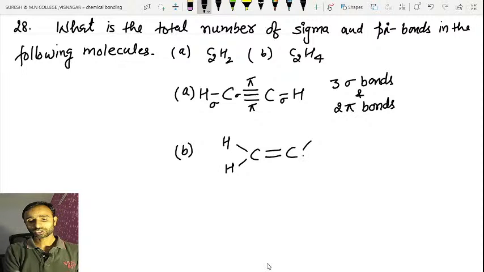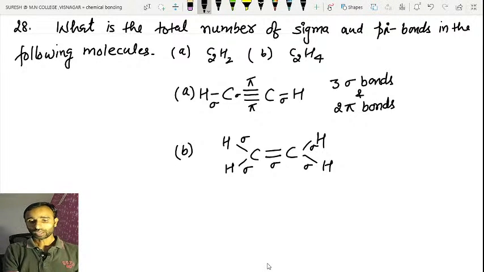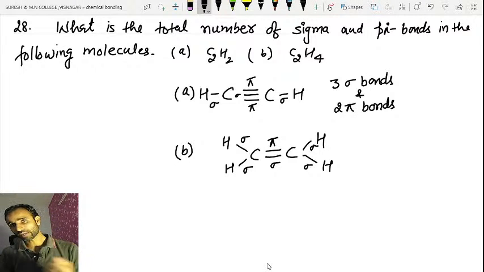Now C2H4. In C2H4 you have drawn the structure just now. It is like this. Very good. Sigma, sigma, sigma, sigma, sigma. A single bond is always a sigma bond, and multiple bonds contain pi bonds.